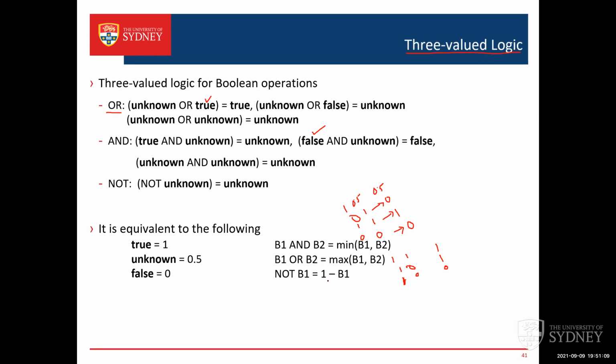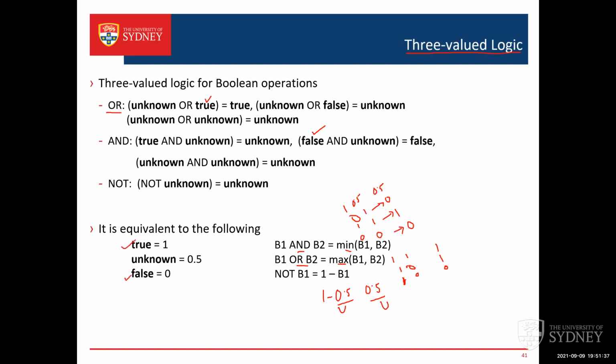Right? And for this one, 1 minus B1. So if B1 is 0.5, the result comes as 0.5. That simply means if it is unknown, then the result is unknown as well. Hopefully that makes sense. This is a simple way to remember if you don't want to remember all of this. So AND only takes the minimum between these two, OR takes the maximum, and NOT simply means 1 minus that value.